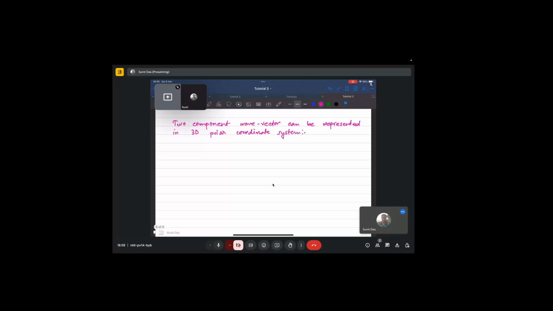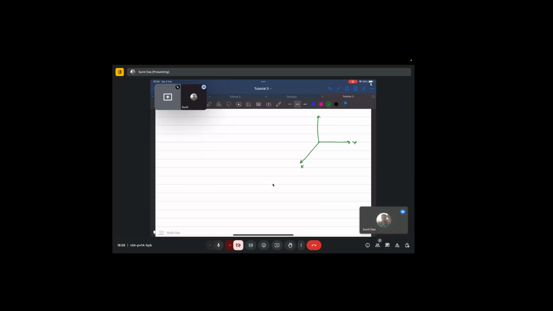Okay. So, let us say we have x, y and z axes, and we have a vector somewhere here, and this is the theta of the polar coordinates, and this is the phi, right?